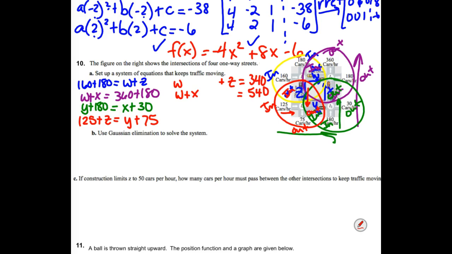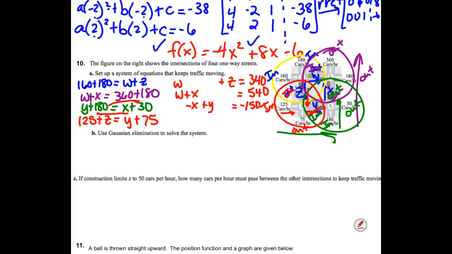The next two equations, we have some variables on each side, so we're going to have to do some moving. I'm going to bring this X over here, so it's going to be a negative X now, plus the Y, and then I have to bring the 180 to this side. What's 30 minus 180? 30 minus 180. All right.